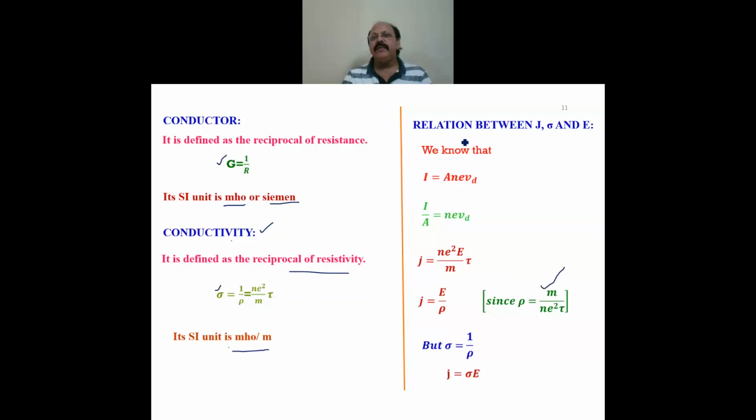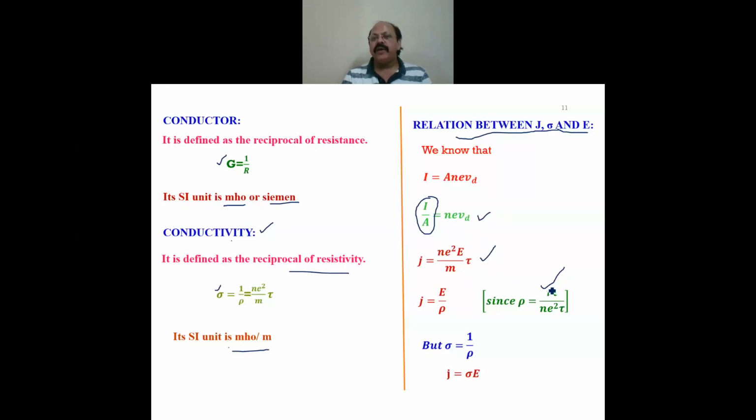Now there is a relation between current density, conductivity and electric field that you can establish by knowing some formulas. That is I equal to nAeVd, rearrange it, I upon A equal to nevd, then this I upon A is current density represented by J equal to n e squared E tau upon m. Means you substitute the value of drift velocity, then you will get this relation.